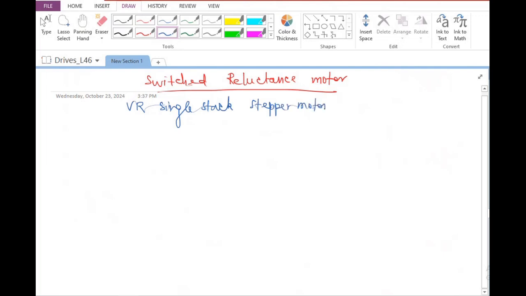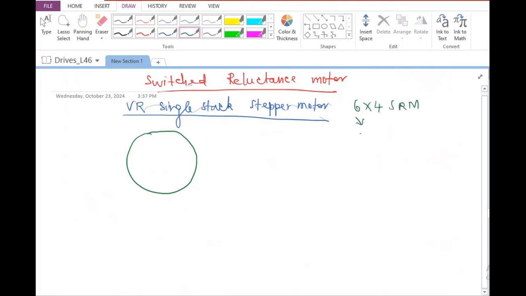You are not going to have any difference between the structure of a single stack variable reluctance stepper motor and a switched reluctance motor. So let us say this is going to be our stator of a 6x4 SRM. So 6 is the stator pole number and 4 is the rotor pole number.